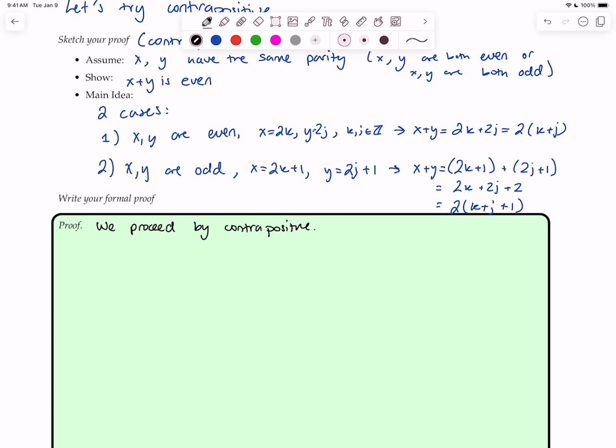Now, when we're doing contrapositive, we assume that x and y have the same parity. We want to show that the sum of them is even.